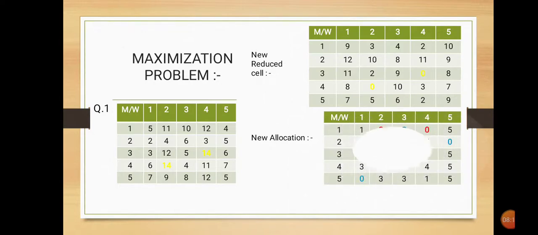Then we get the new allocation; I will directly give the allocation table, with 5 machines available and 5 workers working on the machines. Here I calculated the row minimum and column minimum, but I write the new allocation directly. Then you can solve and check the answers. Then the total cost is 15. This is the maximization problem.